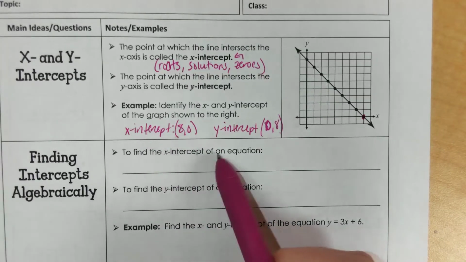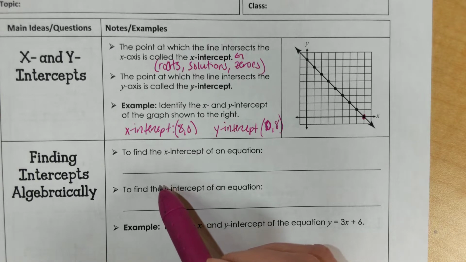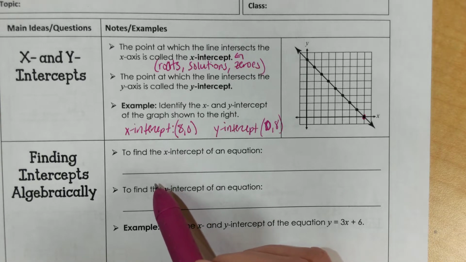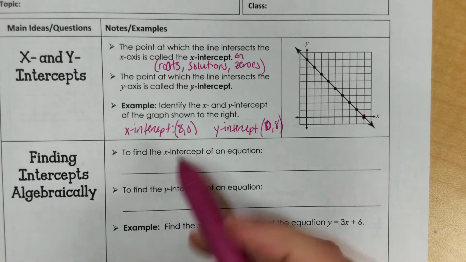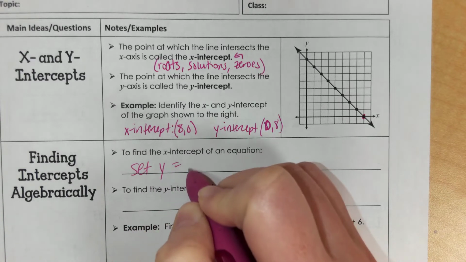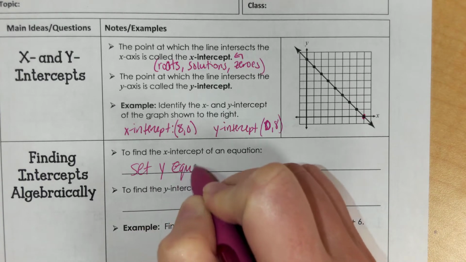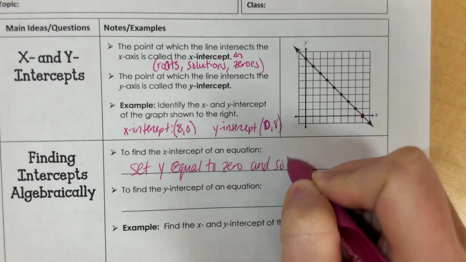So to find an x-intercept, remember we talked about x and y-intercepts are a lot easier to find when we use standard form of an equation rather than the slope-intercept, but you could use any form that your equation is in. If you want to find the x-intercept, you are going to set y equal to 0 and solve for x.